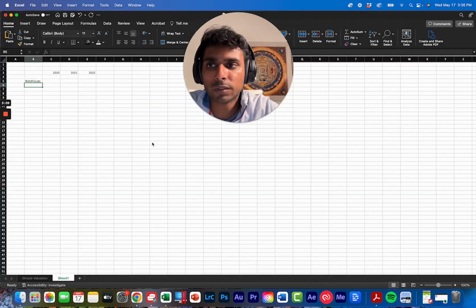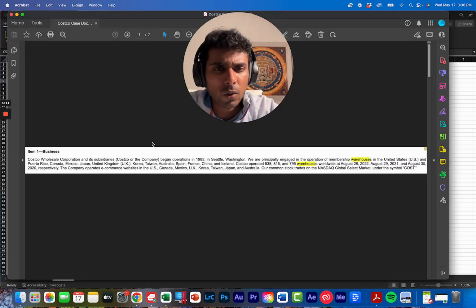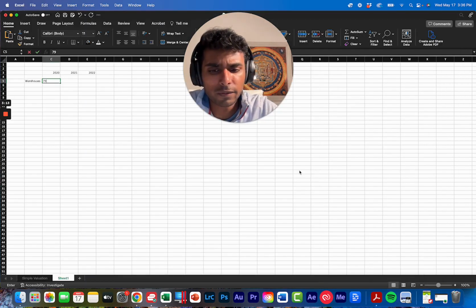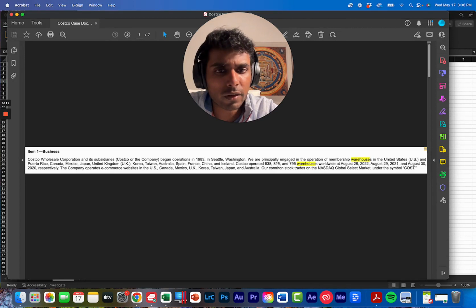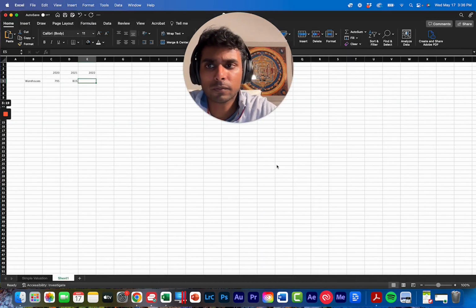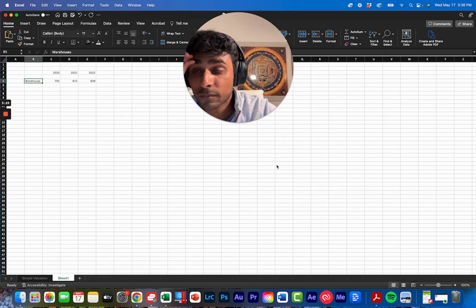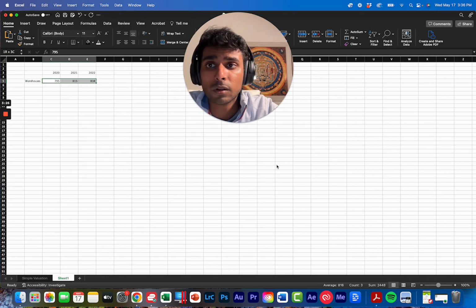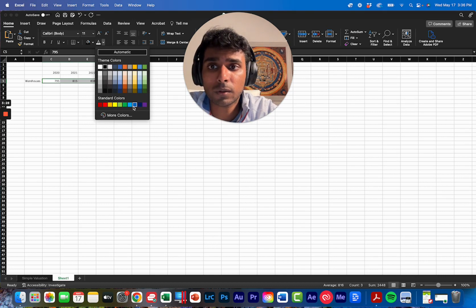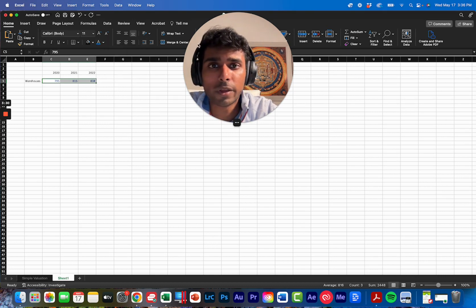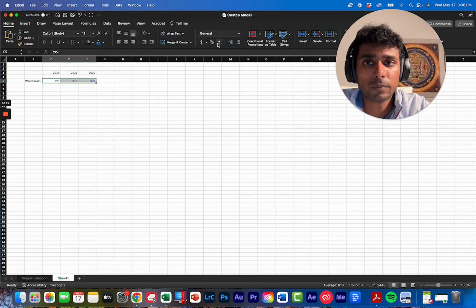So warehouses: 795, right here, 815, and 838. Color this blue and make this a number. I don't like decimal places.